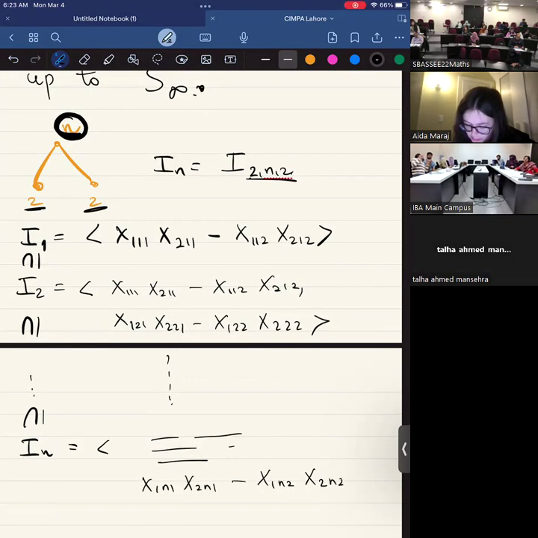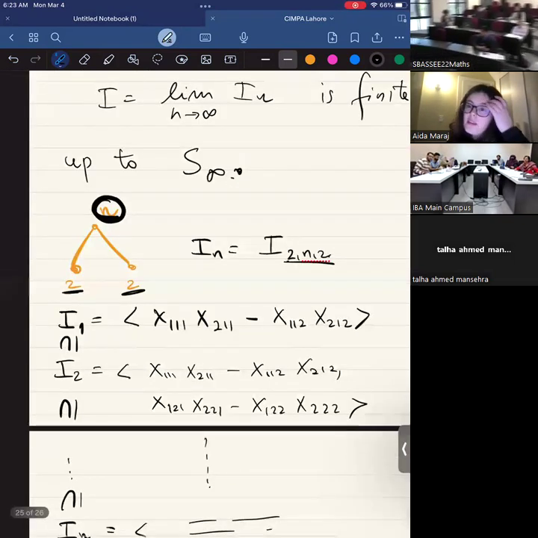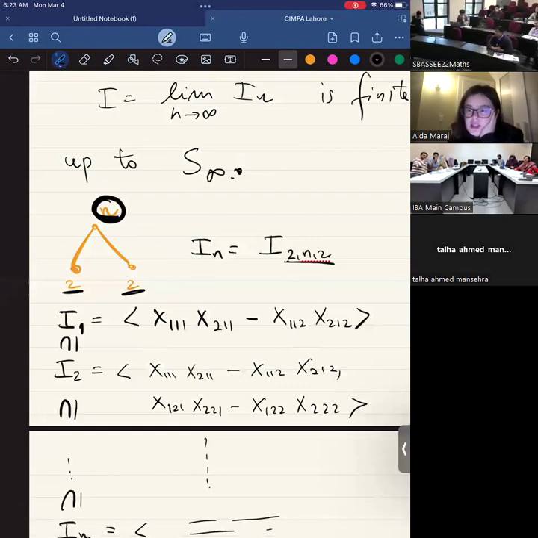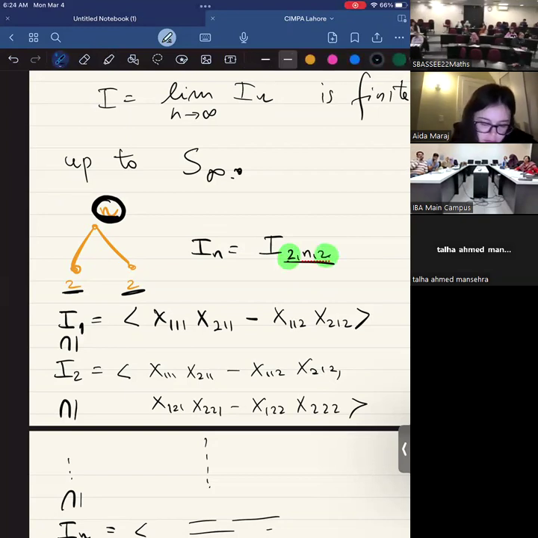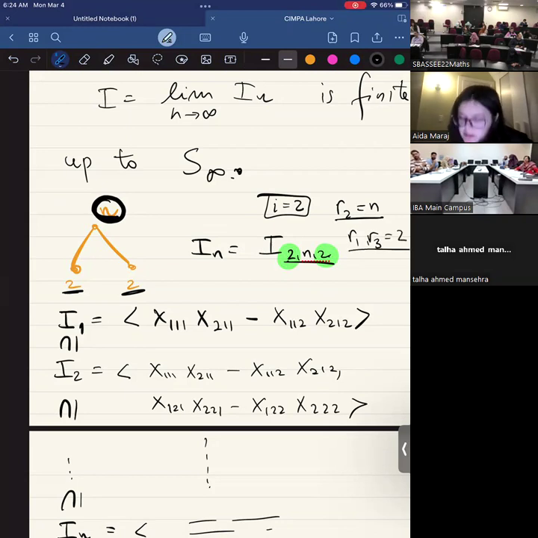Can you repeat the question? So the question is, I was just trying to understand which one is fixed. You say fixed R1. So here, these are the ones fixed, and R2 is not fixed. So R2 is n, and R1 and R3, in this case, are equal to 2, but they are fixed in this chain.